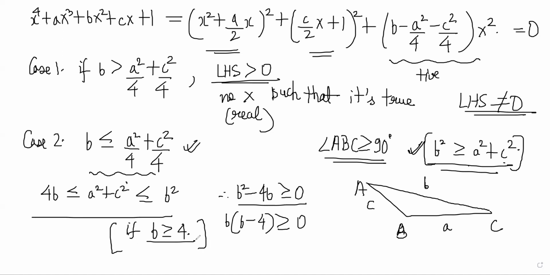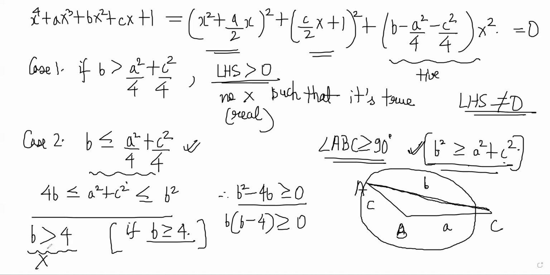However, if you think about it, b is the length of the longest side of the triangle, but the triangle was inscribed in a circle, right? Triangle was inscribed in a circle of radius 2, so the longest side is actually the diameter of the circle. So therefore, diameter of the circle is 4, so b cannot be greater than 4. This is wrong, right? Because the diameter is the longest chord in a circle.